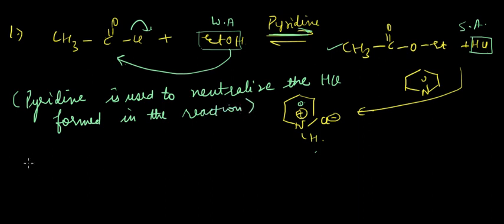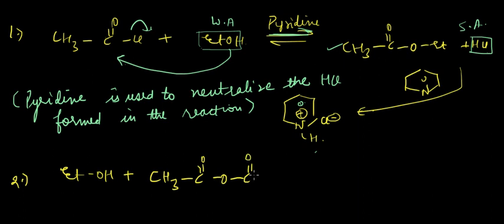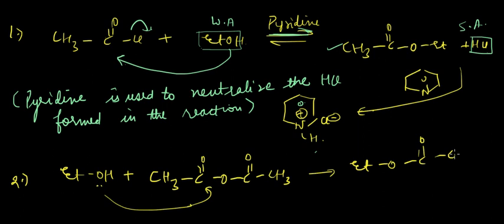Next, let's see another example wherein we have EtOH, and we are reacting this with an anhydride. What will happen in this case is that the O from the EtOH will attack this carbon atom, and as a result we'll get something like this as our product.